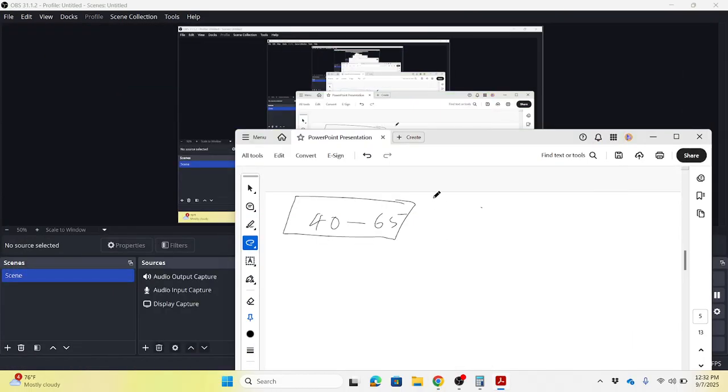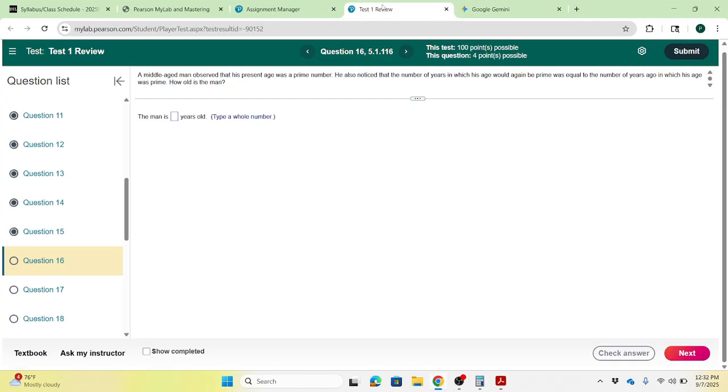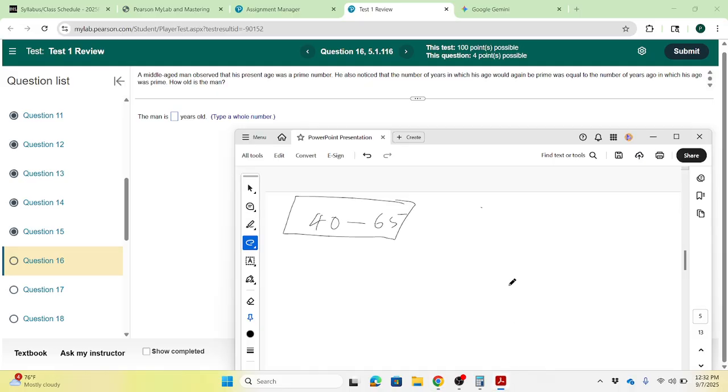Now let's go back and look at the problem. The middle-aged man observed that his present age was a prime number. Let's say P is his age. He also noticed that the number of years in which his age would again be a prime number was equal to the number of years ago in which his age was prime.